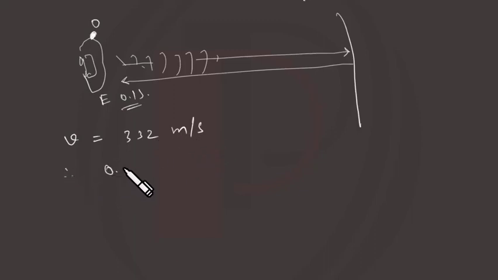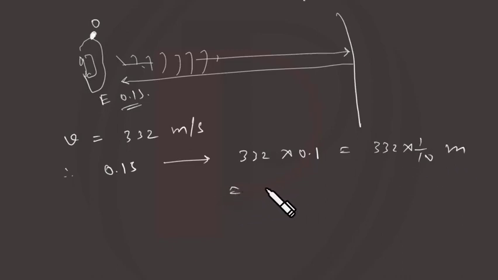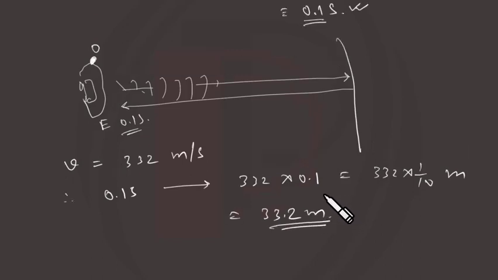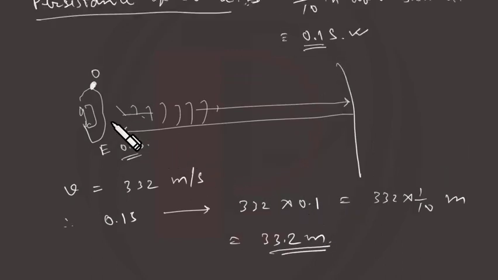Therefore in 0.1 second the sound must travel a distance of 332 into 0.1 meter, that is 332 into 1 by 10 meter, which is equal to 33.2 meters, and this is the total distance traveled by the sound before it hits our ear as the echo. This is the distance that the sound traveled all the way to the reflector and came back. That means what is the distance of the reflector from our ear?